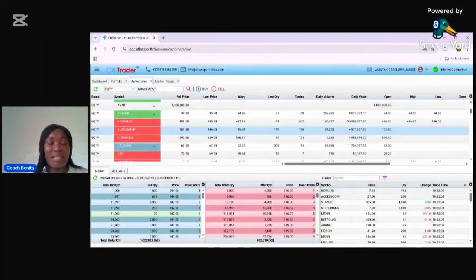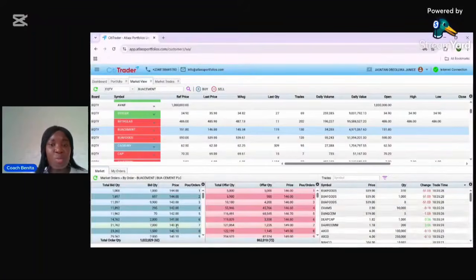The buyers really wanted to buy. But if you look at this, there's not much pressure between the buyers and the sellers. It's just less than 200,000 units, and even more people are willing to sell. Only 62 people are willing to buy, 72 people are willing to sell. So there's not much pressure in the market for Boa Cement.